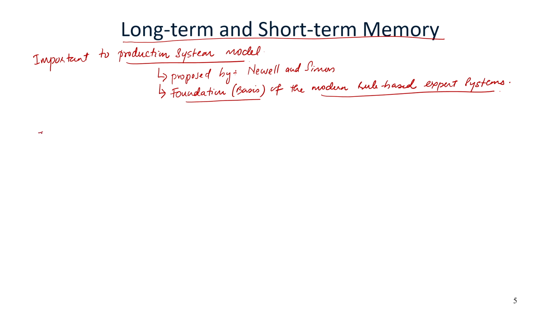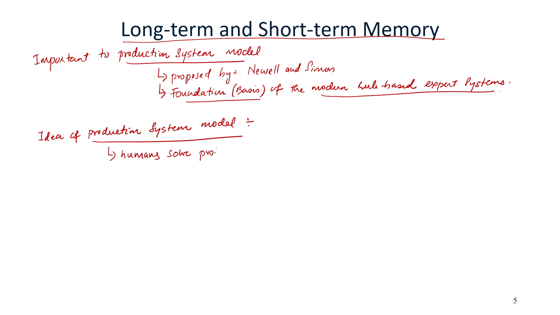So, the idea of the production system model. What is the idea of the production system model? The idea is that humans solve problems by applying their knowledge.